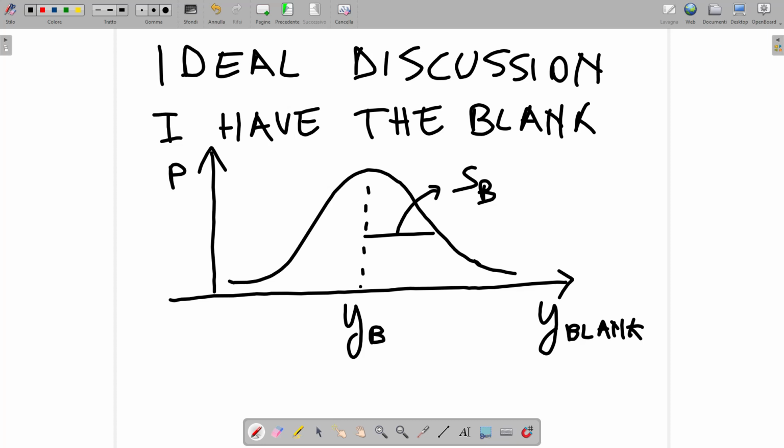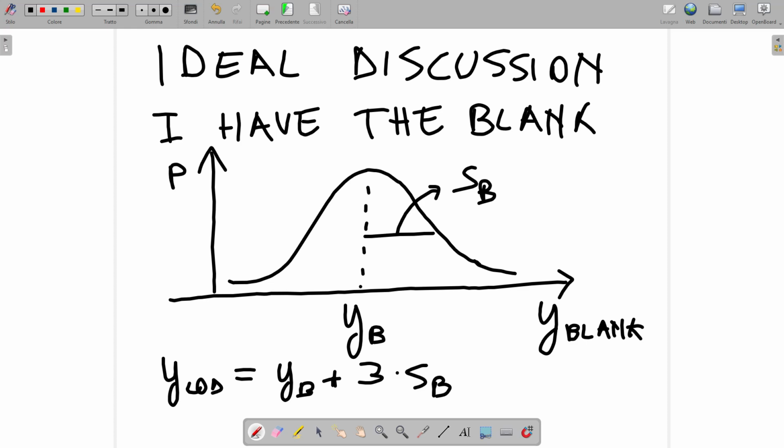Okay. The choice of the analytical chemist is that Y LOD, the minimum signal that I decide is high enough above YB, is YB plus 3 times SB.